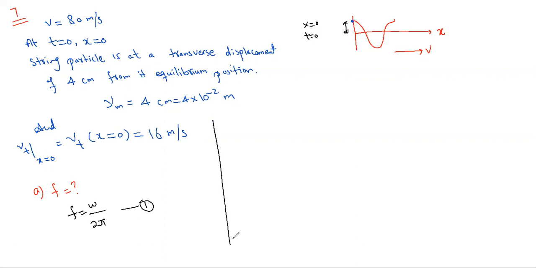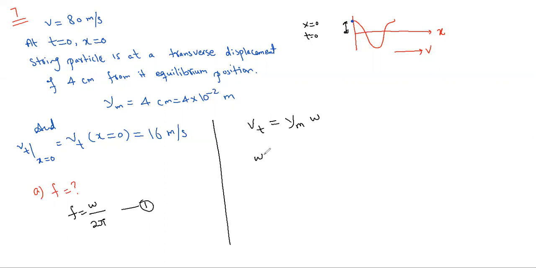To calculate omega, I will use one of the first relations of simple harmonic motion. The speed of the transverse wave is equal to a constant, the amplitude of the wave, multiplied by omega. We calculated this relation in one of our previous classes.